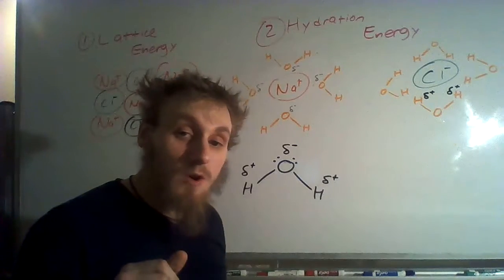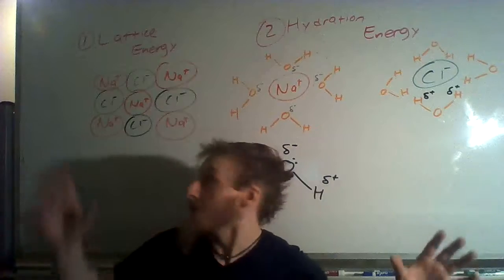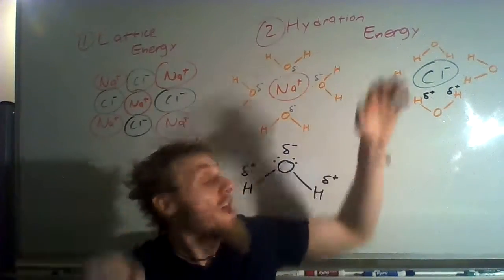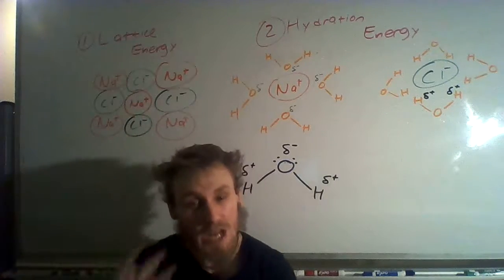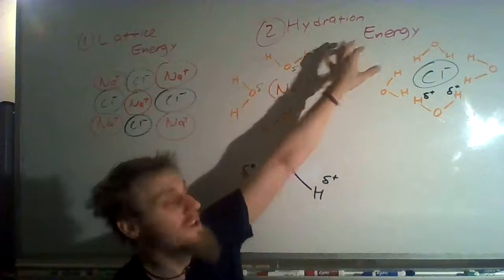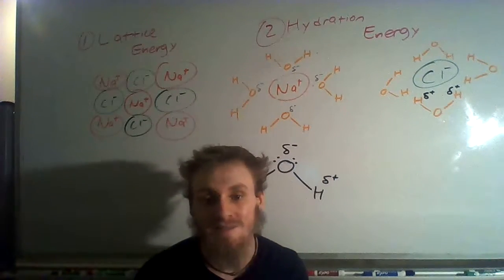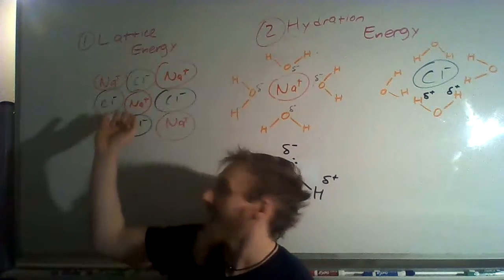The contrary is also true. If you look at the magnitudes of these respective energies, and if the magnitude of the lattice energy is greater than the magnitude of the hydration energy, that ionic compound is probably not really going to dissolve. It's probably just going to stay as a lattice in solution.